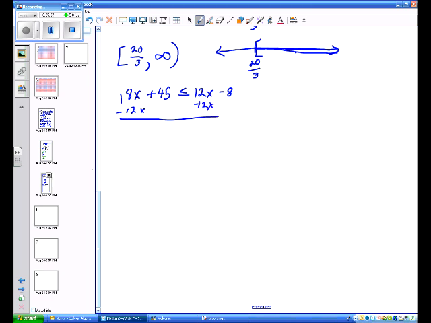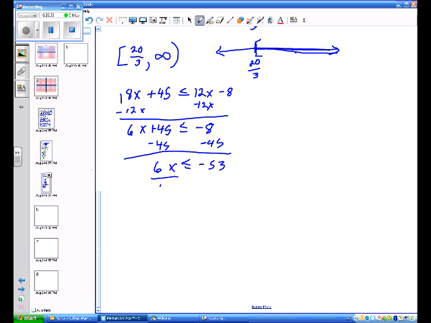So we would have 6x plus 45 is less than or equal to negative 8. Then we would subtract 45 from both sides so that we have our variable term alone. So 6x is less than or equal to negative 53.